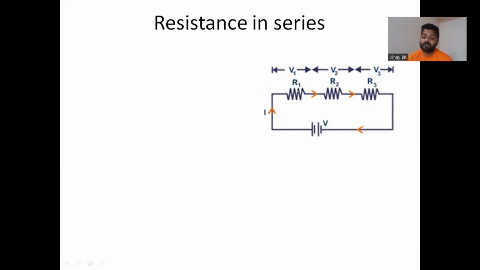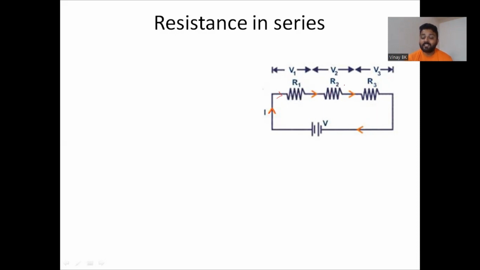I starts to flow through R1, R2, R3, and there will be a voltage drop across R1, R2, R3. The condition for a series circuit is that the current flowing through R1 is also I, R2 is also I, R3 is also I, so in a series circuit the current flowing through the circuit is always the same for all parameters.